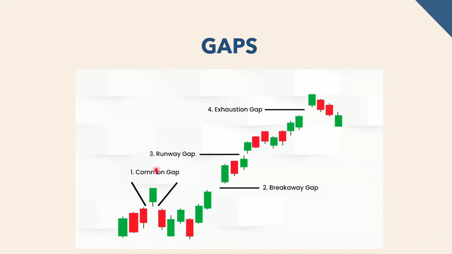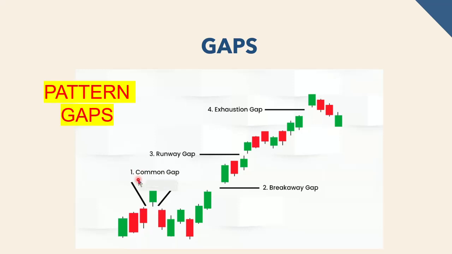Another gap, the common gap. A common gap normally happens in illiquid securities. It even appears in short-term trading. There are no consequences for a common gap. Pattern gaps appear within the formation of larger patterns and generally they are filled. Their only significance is to suggest that a congestion area is forming.